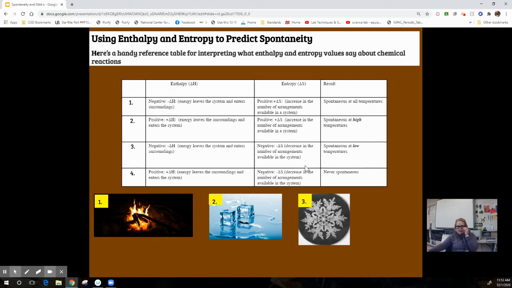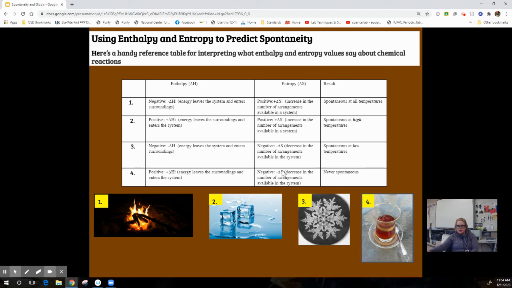And when something is never spontaneous, here's my sugar in tea example again. In order to make the sugar back into a sugar cube, I'd have to put a lot of energy back into the sugar particles to pack them all back together. So that would be an endothermic process. I would be decreasing the entropy. I'm going from a lot of chaos to not so much chaos. So my entropy would be negative.